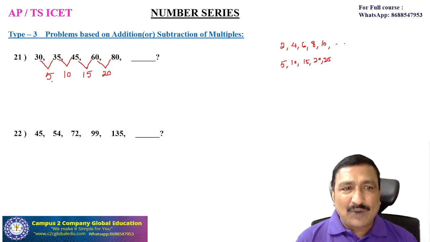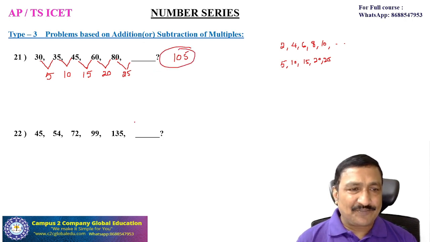So looking at 5, 10, 15, 20, these are the multiples of 5. So the next number should be increased by 25. So 80 plus 25 is equal to 105.